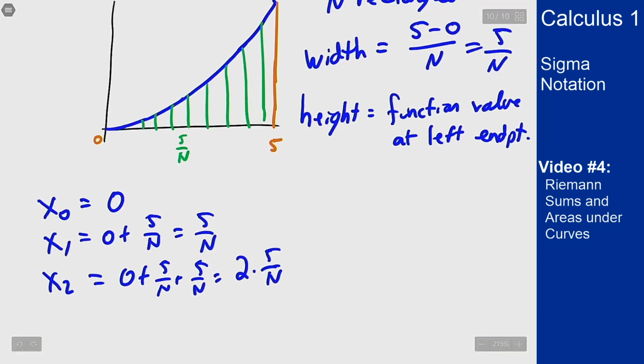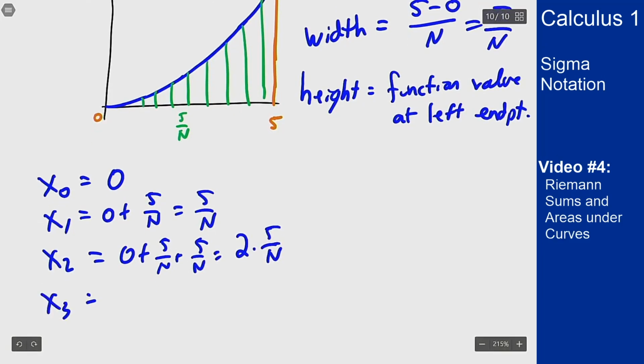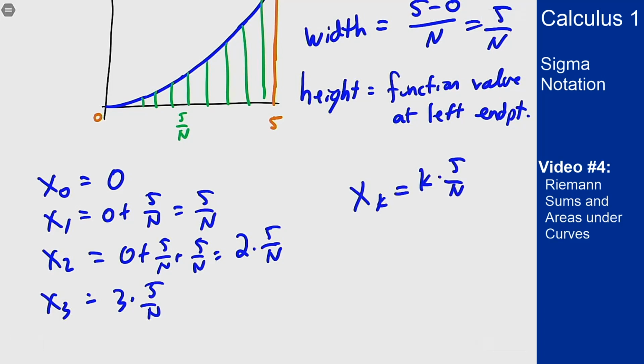The pattern is going to keep going. The next one is going to be at 3 times 5 over n. And so the kth left endpoint is going to be at k times 5 over n. And I go up to n minus 1 here, because I counted 1 at 0. So I want n total. I go up to n minus 1. That'll give me n total points.